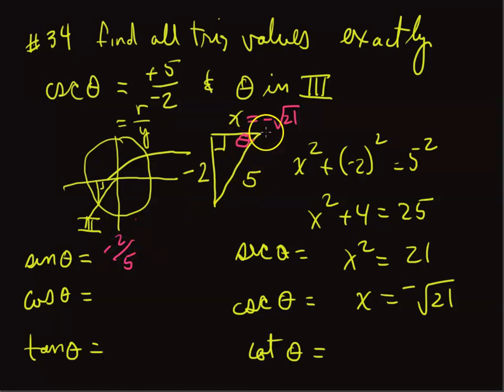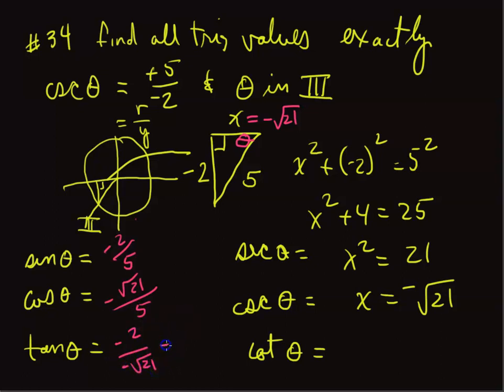The cosine is the adjacent, negative square root of 21 over the hypotenuse, 5, or you can do x over r. Tangent, opposite y over adjacent x.